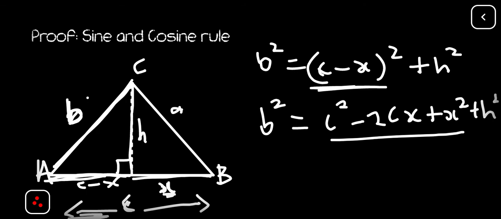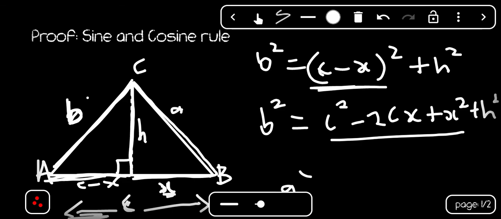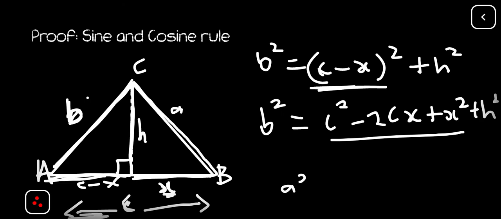Now we need to know that this x squared plus h squared actually means something. If you look at this other triangle, this other side here, you see that a squared, that is this hypotenuse squared, that is, if you put the Pythagoras theorem of this triangle, you have a squared is equal to what? x squared plus h squared, right?